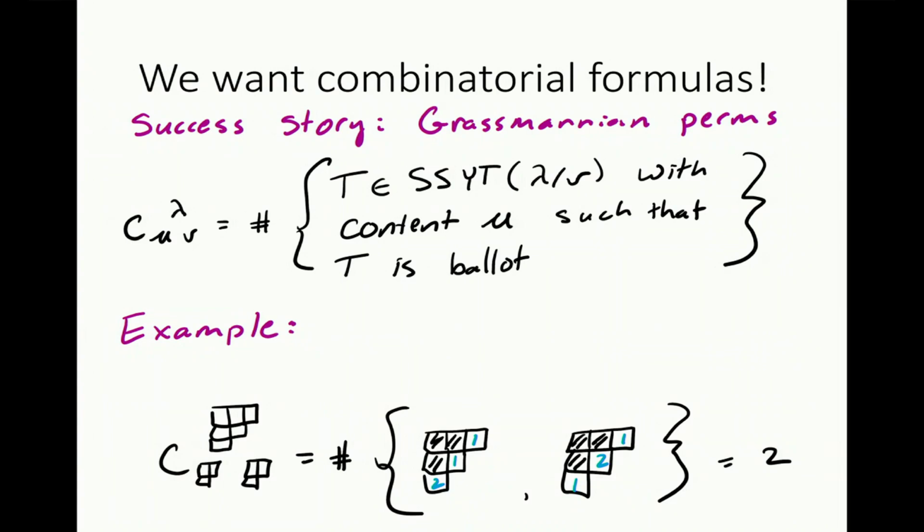When you have Grassmannian permutations, their natural indexing objects are really partitions, so we can play some partition combinatorics, and we can count the objects that satisfy certain constraints to tell us what these structure constants are. So this sort of rule is really the gold standard, the thing that we would hope for in more general situations, like the complete cohomology ring, instead of the special subring.